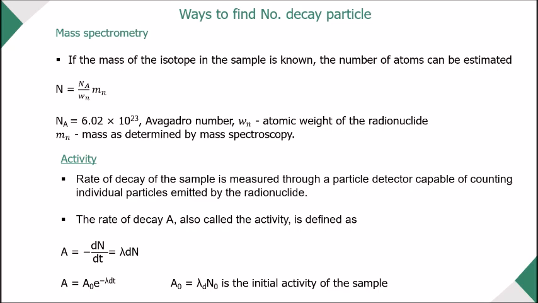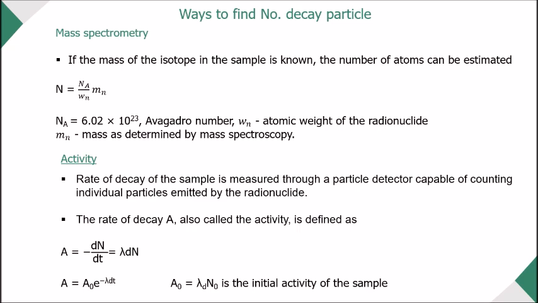N is equal to Na by Wn into Mn, where Na is the Avogadro number, Wn is the atomic weight of the radionuclide, and Mn is the mass as determined by mass spectrometry. It is one of the methods used to identify the number of decaying particles, but normally this method may not be available in all laboratory setups. So we will look at a further method to analyze the same.